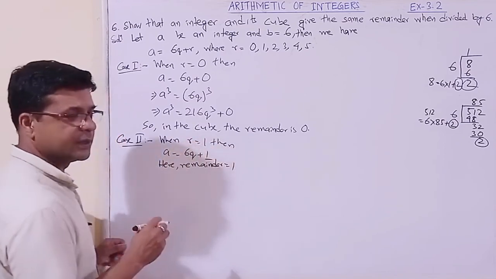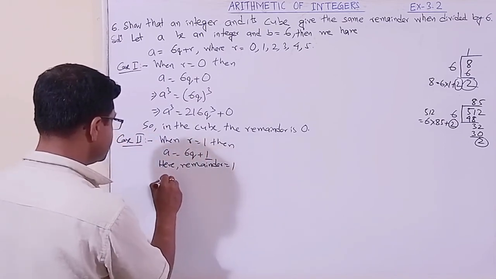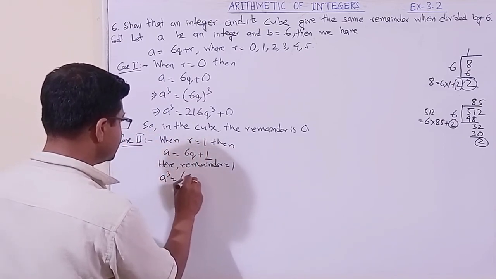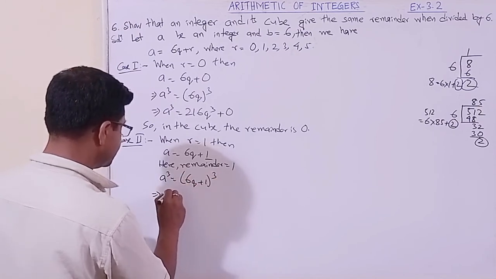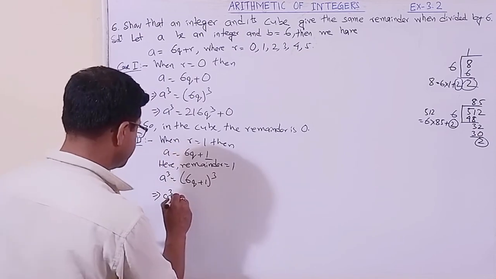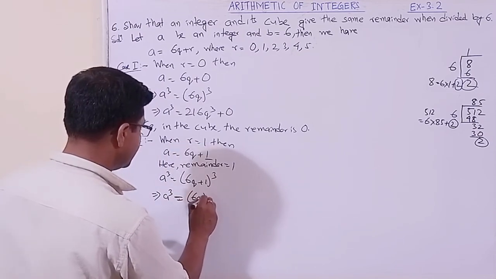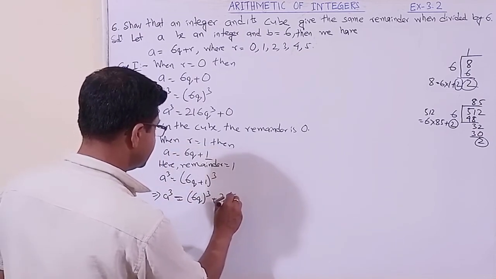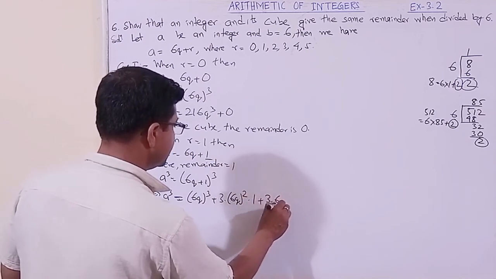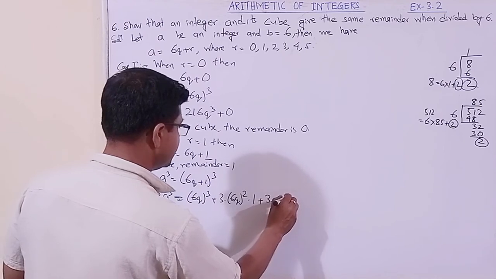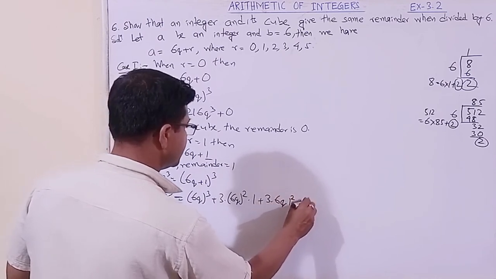Now the cube: 6q plus 1 whole cube. (a plus b) whole cube is a cube plus 3 a square b plus 3 a b square plus b cube.